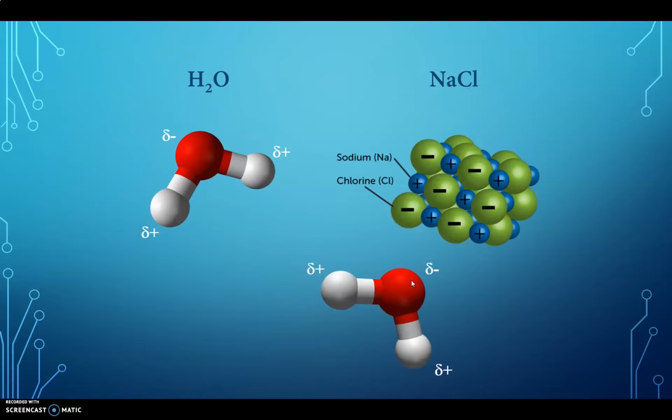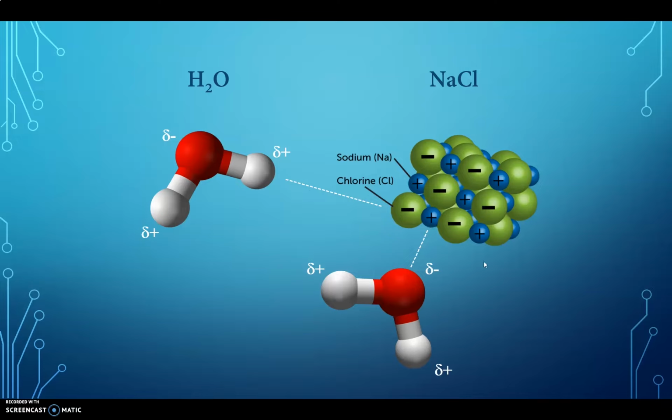The next example we had was salt and water. Now, of course, water molecules attract each other, but they're also very strongly attracted to the positive and negative ions in sodium chloride. The hydrogen end of the water molecule is attracted to the chloride ions, and the oxygen end of the molecule is attracted to the sodium ions.